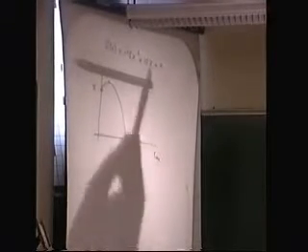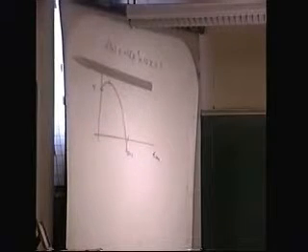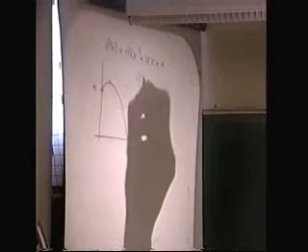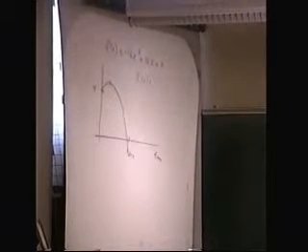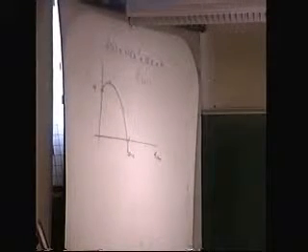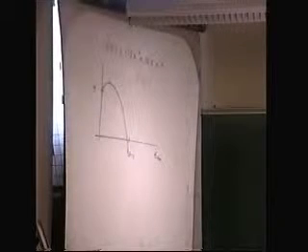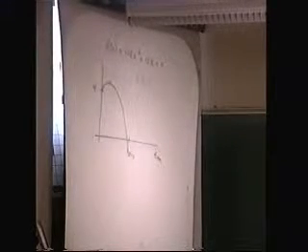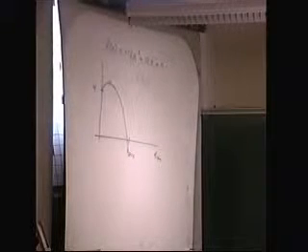So if I find the derivative, f prime of x, go ahead and find the derivative. What do you do to get a derivative? You take the exponent and multiply it times the coefficient.